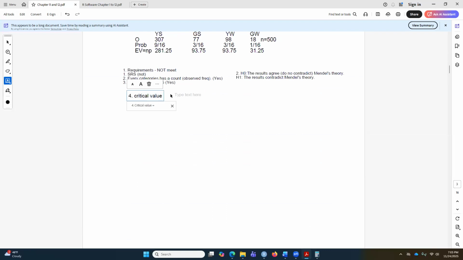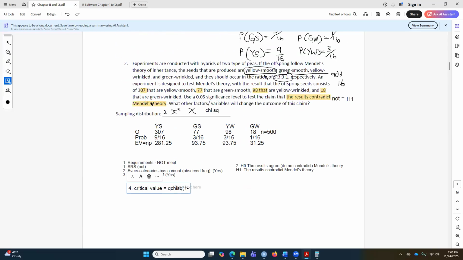So the fourth step is finding the critical value. You will do qchisq of 1 minus alpha, and alpha in this case is 5%, 0.05, with k minus 1. K in this case is how many groups we have. Since this question has 4 groups, yellow smooth, green smooth, yellow wrinkle, and green wrinkle, this will become 3.